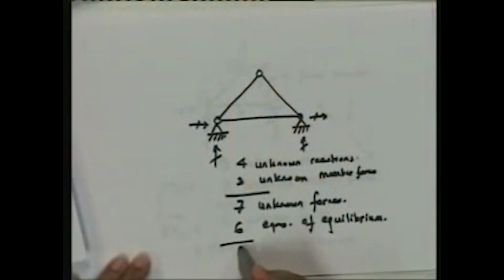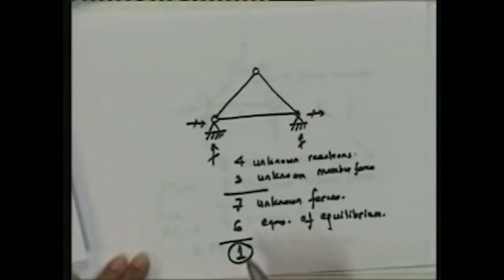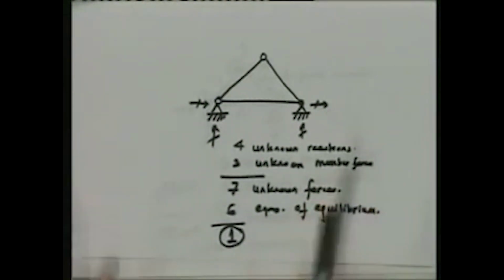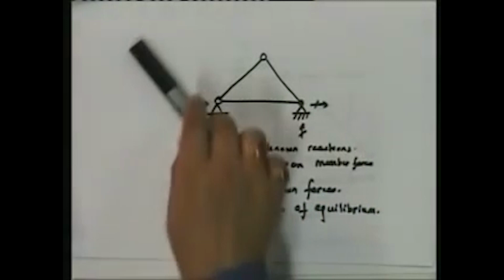So, what is the static indeterminacy of this particular structure? 1. It's what is known as a single degree of static indeterminacy, or the degree of static indeterminacy is 1. Okay. So it's very simple.